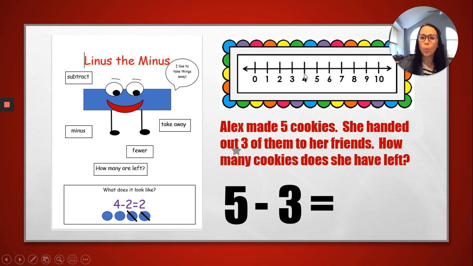Ready? 1, 2, 3. And we land on the number 2. Great job. So 5 minus 3 equals 2. Or 5 take away 3 equals 2.